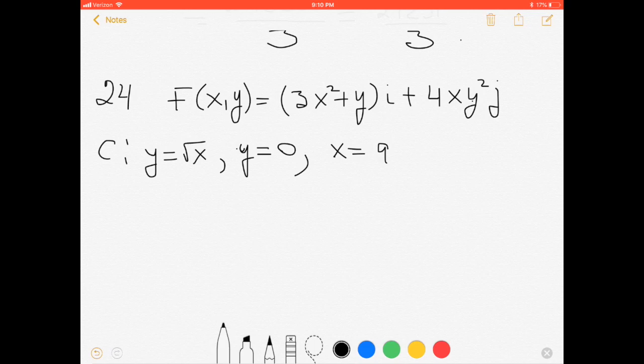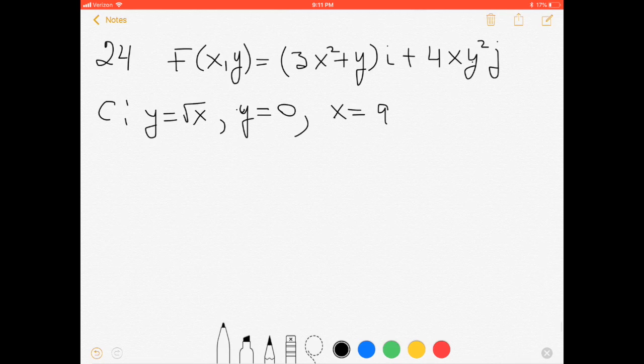Okay. And you need to find the work. Work means we need to find the integral of our force, vector force, along this curve. Well, first we need to prepare our integral.